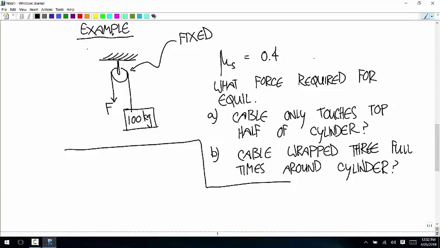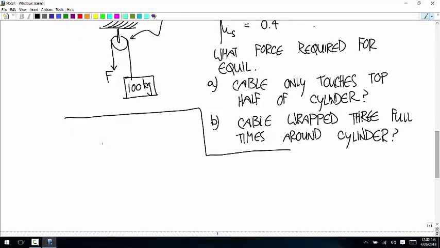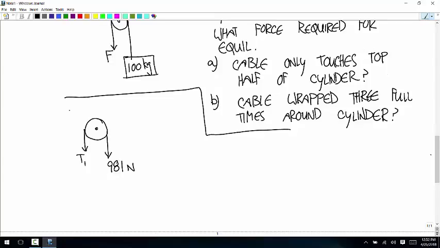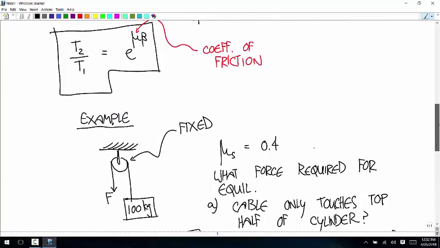Okay, so what we have is a force here that's equal to the weight, 981. And then over here is our T1 that we're trying to find. Let me talk about that for a second again.